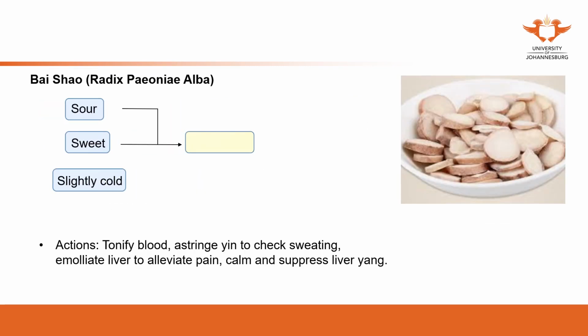白芍, sour and sweet. This is another principle that we have introduced just now. Sour and sweet can create yin.